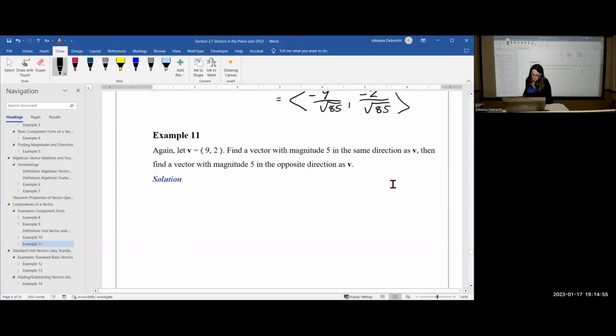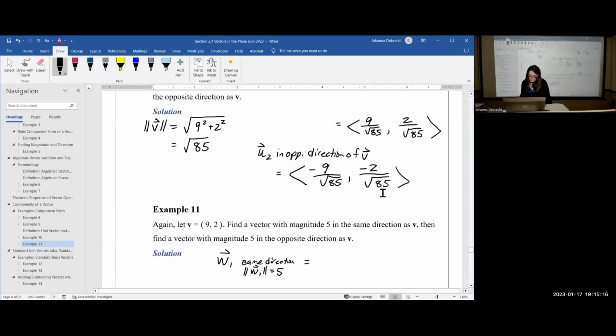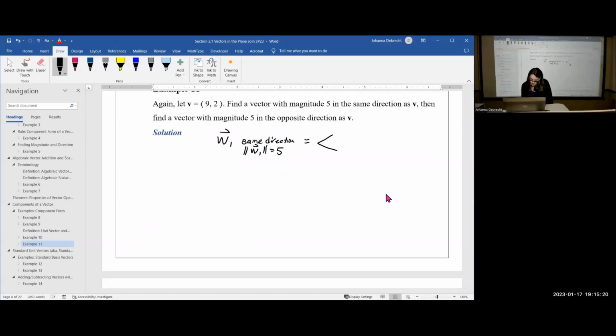So let's go ahead and come down here and we'll do W1, which is same direction with a magnitude of 5. And W1 is going to be 9 over the square root of 85, 2 over the square root of 85, times 5.